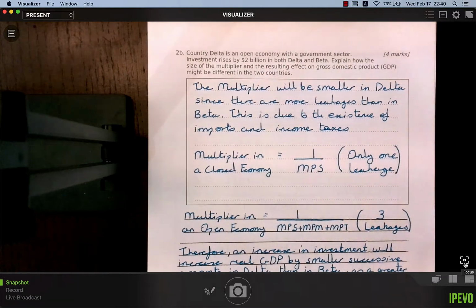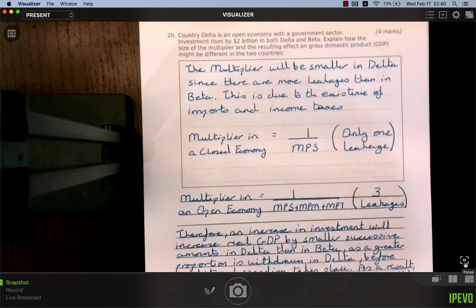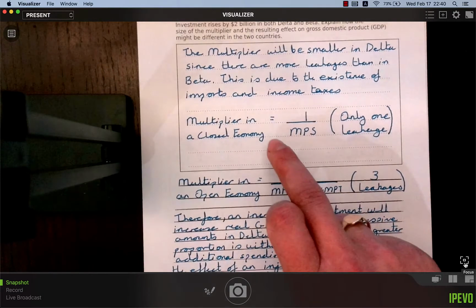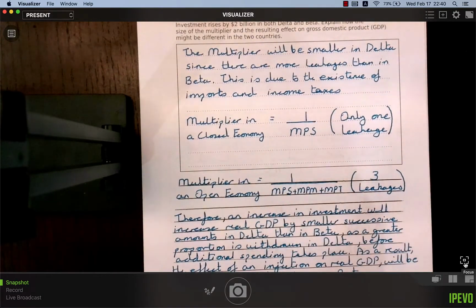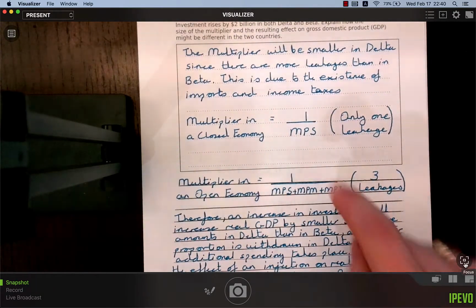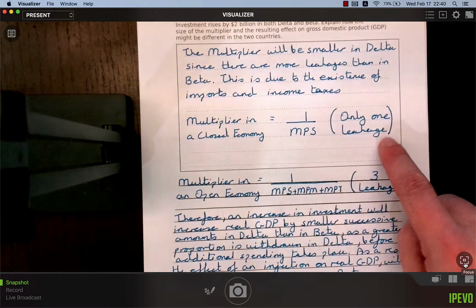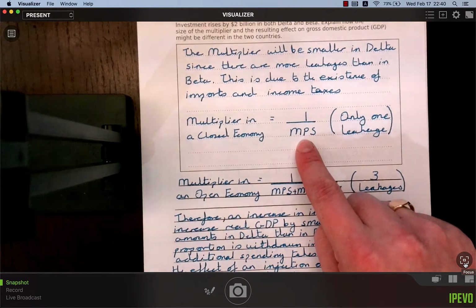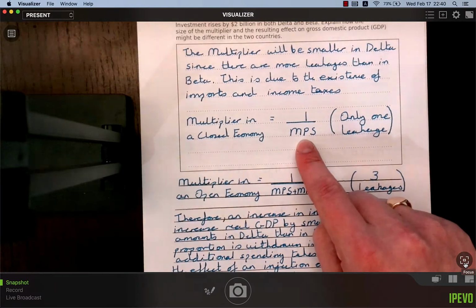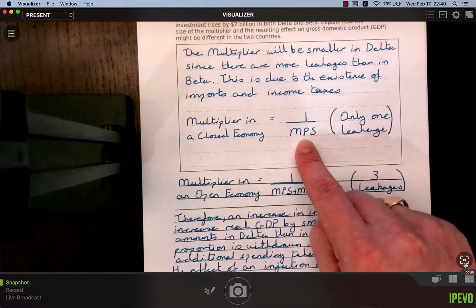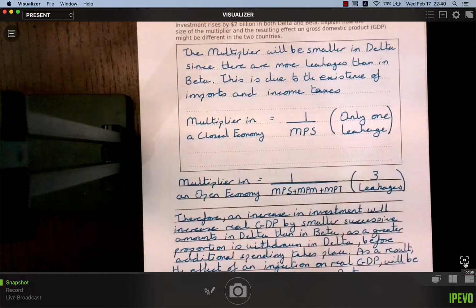Now, if we look at the multiplier in beta, which is a closed economy with no government, then we have 1 over the MPS. There's only one leakage. We want this to be 0, which I think mathematically it's undefined, I know, but may lead to infinite national income. But we're economists, we know that can't be true.